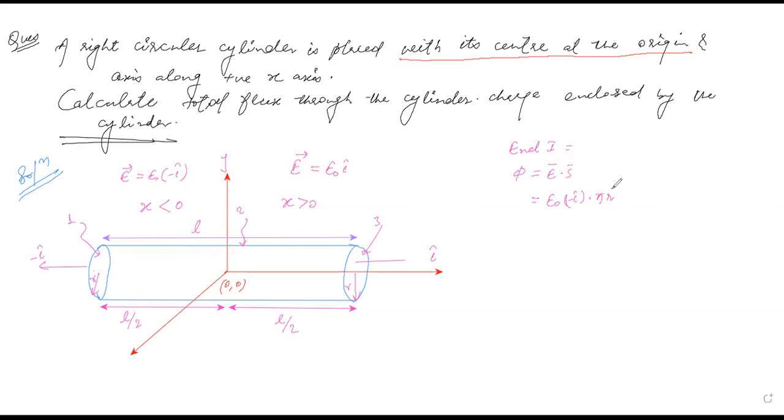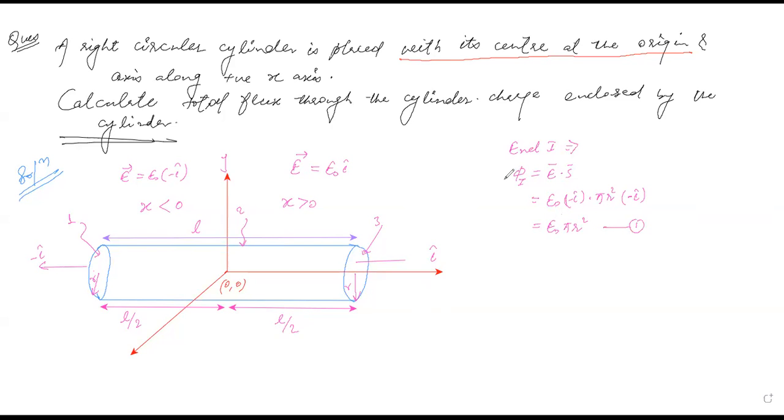So it is pi r square in the direction of minus I cap. After solving, you get the value of phi as E naught pi r square. This is your equation number 1.